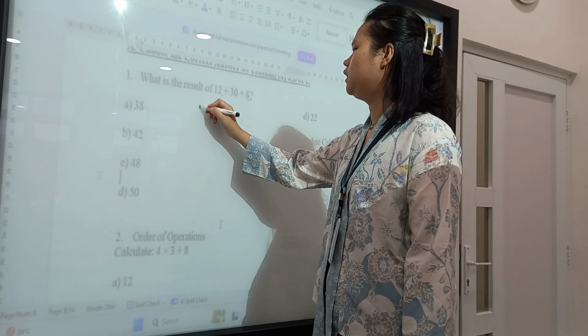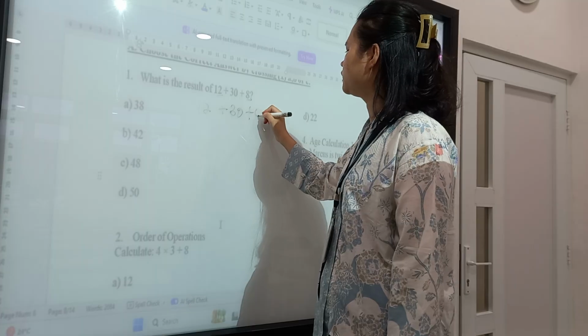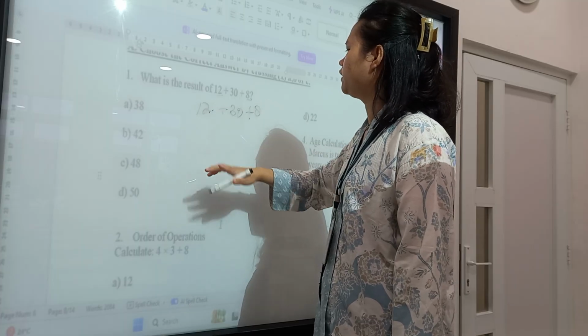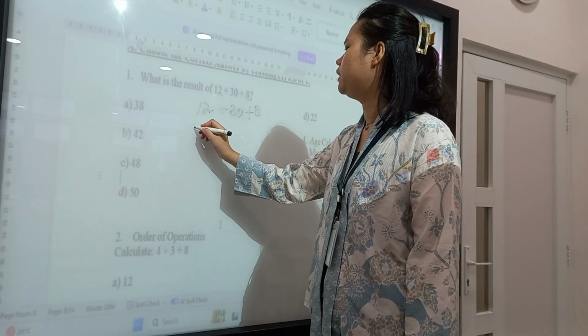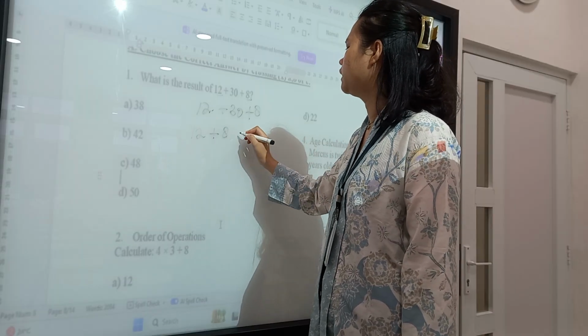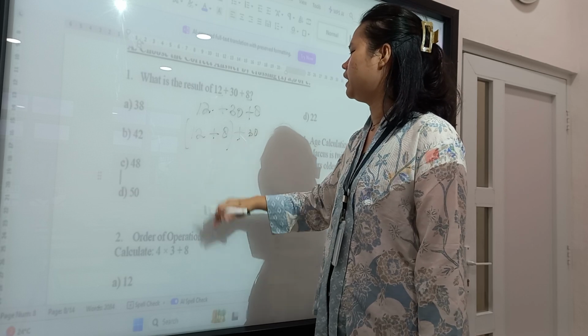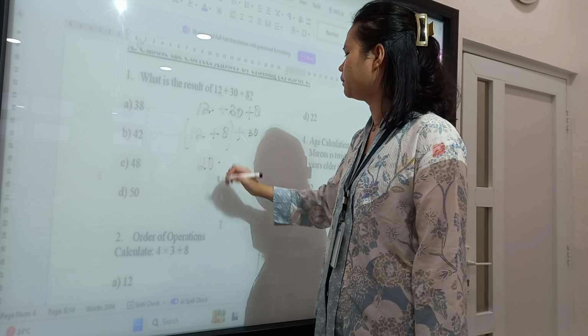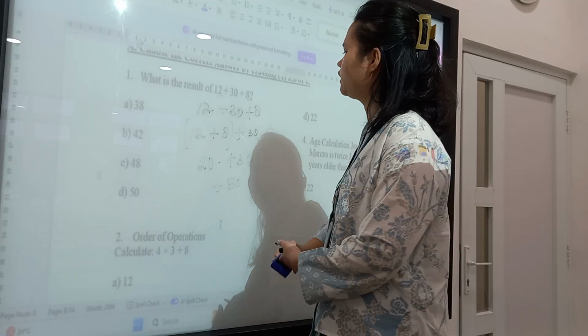So changing will be 12 plus 30 plus 8. This is the equation, and then we need to change into the commutative form. So later it will be 12 plus 8 plus 30. 12 plus 8 equals 20, plus 30 becomes 50. So the answer will be D.